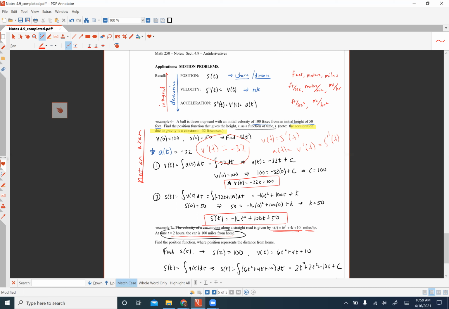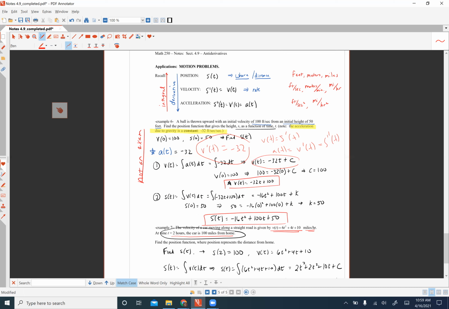If you take a physics course, I'm sure that you see this a lot. This is one of the most basic differential equations you see in any kind of applications. So you take the integral of negative 32, and you get the velocity is negative 32t plus c.